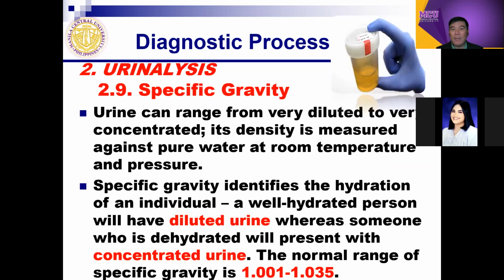For specific gravity, the normal range is 1.001 to 1.035. Now, as I told you, if the urine is too concentrated, that is an indication of dehydration.